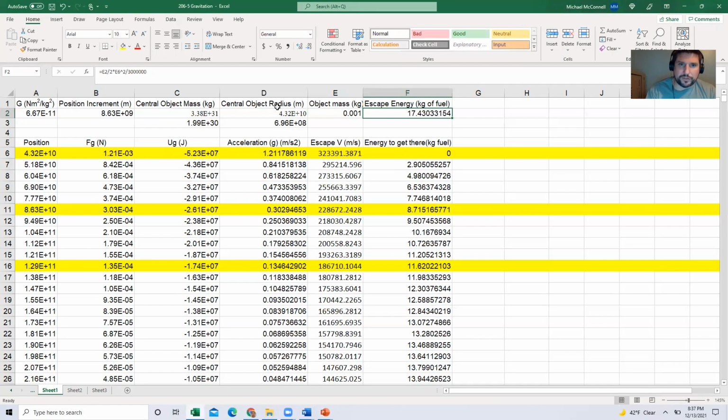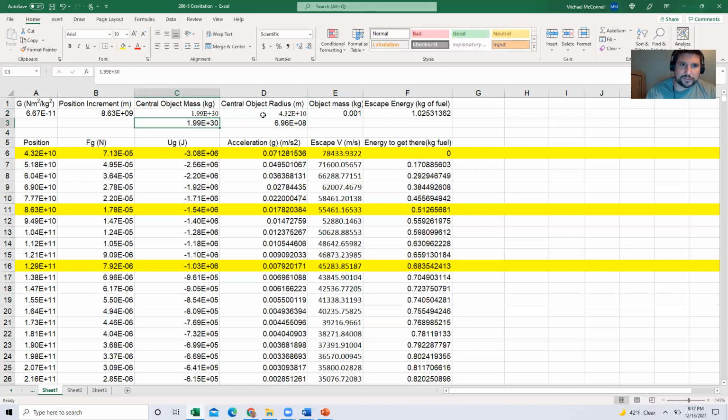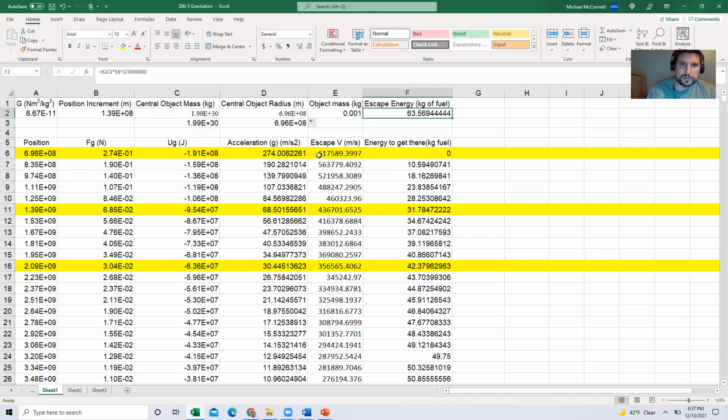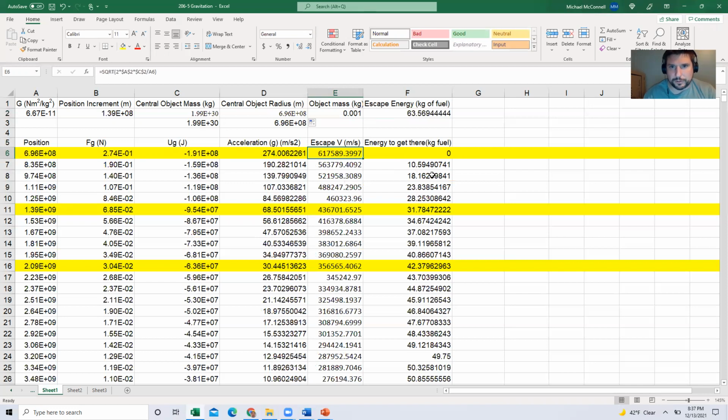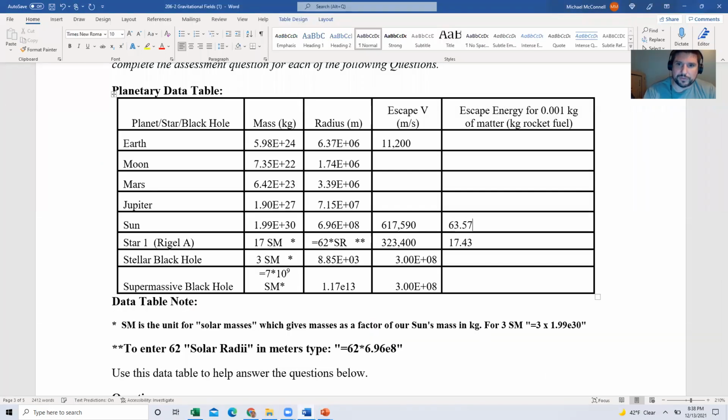But for the sun, if I just had the mass equal to the solar mass and the radius equal to the solar radius, it would be a bigger escape velocity, 617,589. So 617,590 would be the escape velocity of the sun, and then 63.57 kilograms of rocket fuel to escape.